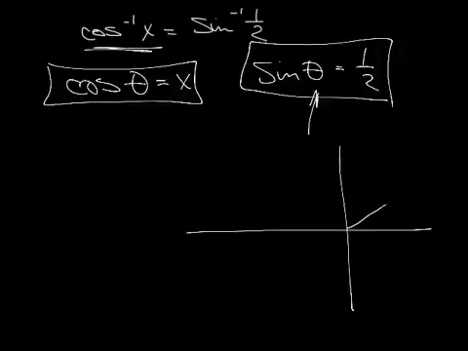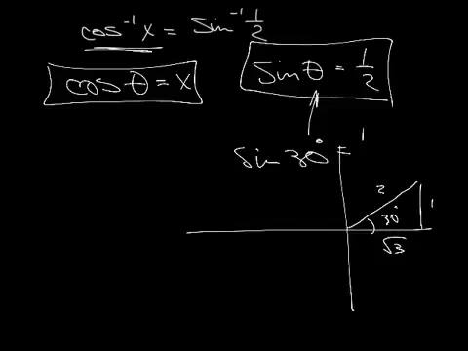So let's draw it here in the first quadrant first of all, with opposite over hypotenuse, which makes this the square root of 3, which means this is a 30-degree angle. In radians, it's pi over 6, but let's keep it as a 30-degree angle here. So the sine of 30 degrees equals 1/2.